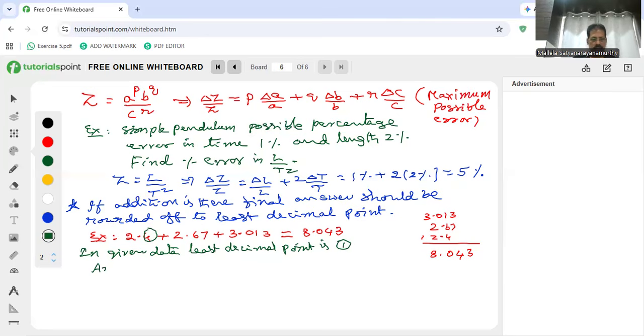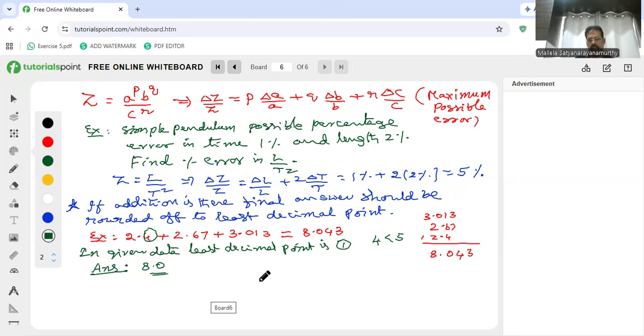That means 8.0 only. Why? Because here it is 4, which is less than 5, and the 0 is even. So no correction: omit it, with no correction to the preceding digit. So 8.0 only is the answer.